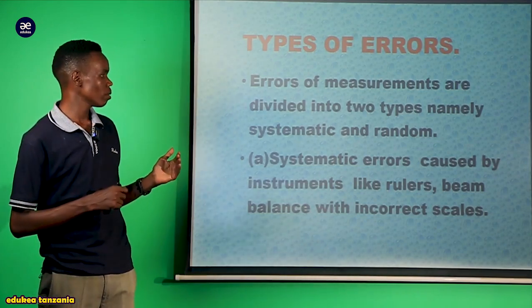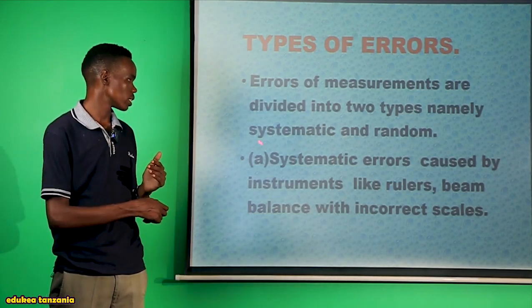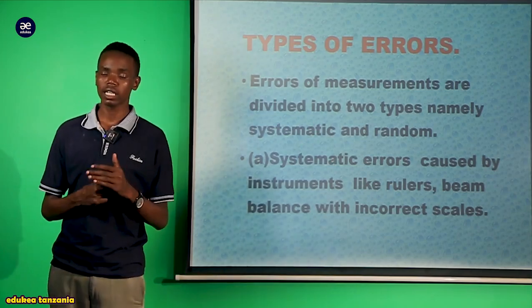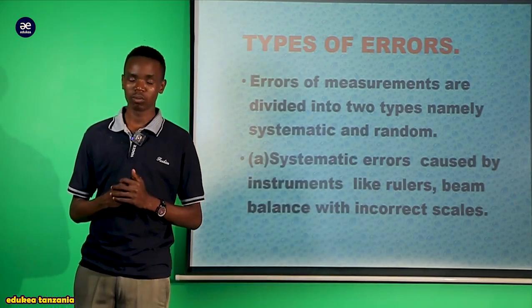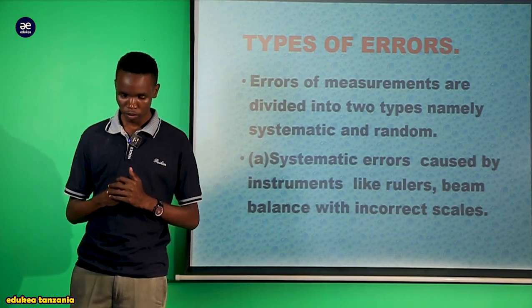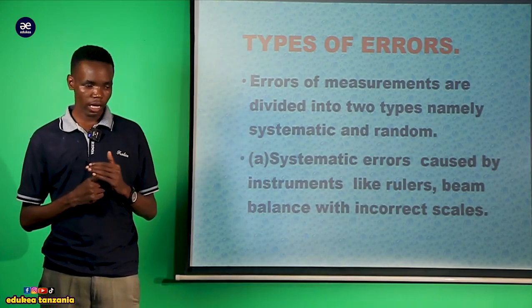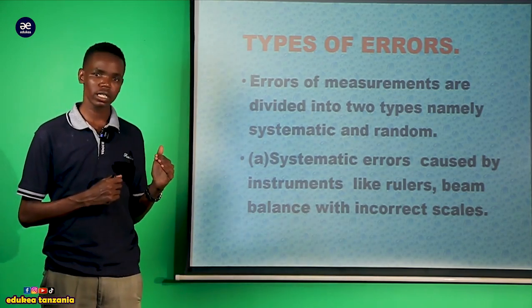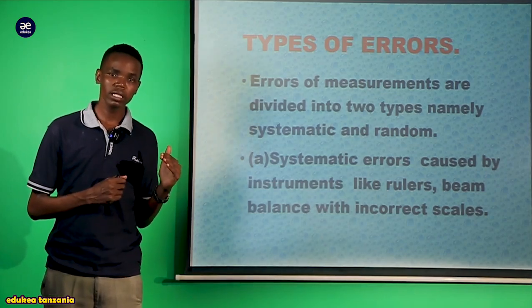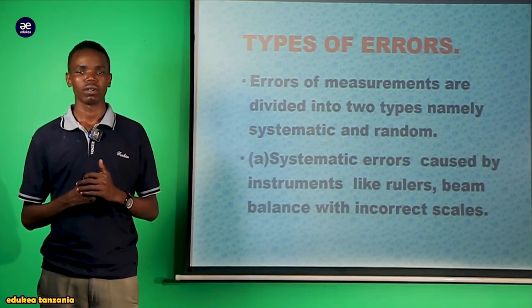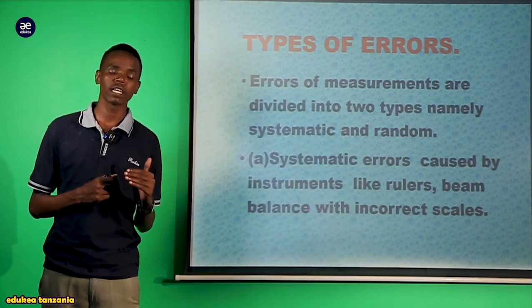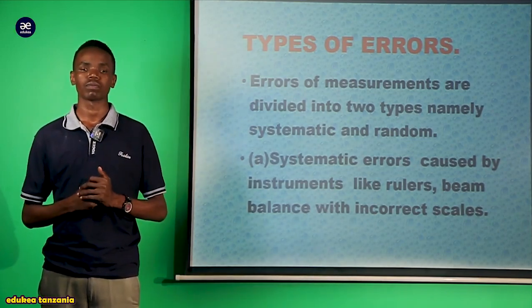The first one is the systematic errors, and the second is called the random errors. These errors are different and occur in different situations.